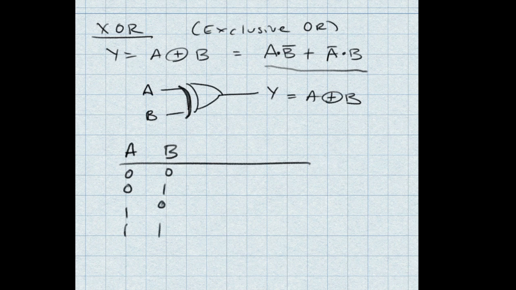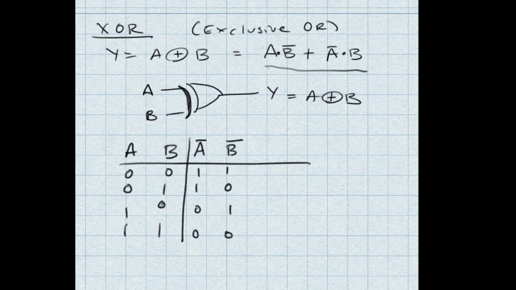So as I construct this, I might go ahead and write not A and not B. So not A is 1 everywhere that A is equal to 0, and 0 everywhere that A is equal to 1. And I'll do the opposite thing here for B.